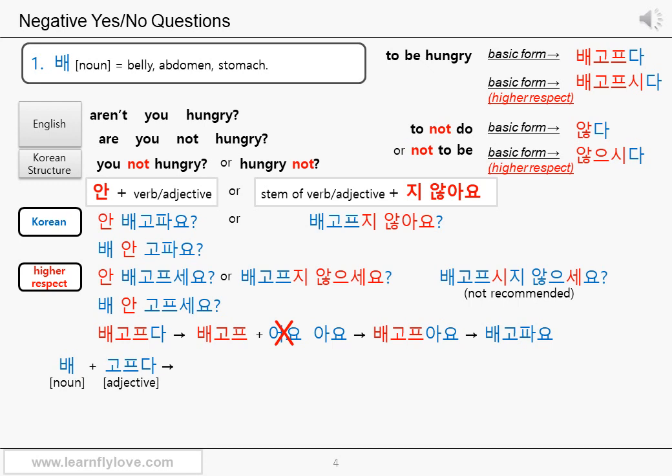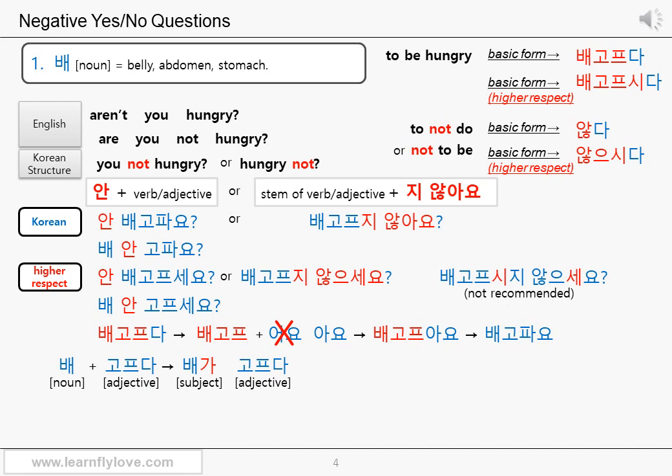So 배 cannot be an object. Instead, it can be a subject. So 배가 with the subject particle 가. 배가 고프다 is a correct sentence too, which means your stomach is hungry. Too difficult? It's not, right? We know you've already reached that level. Okay, anyway, you can split 배 from the adjective 배고프다.